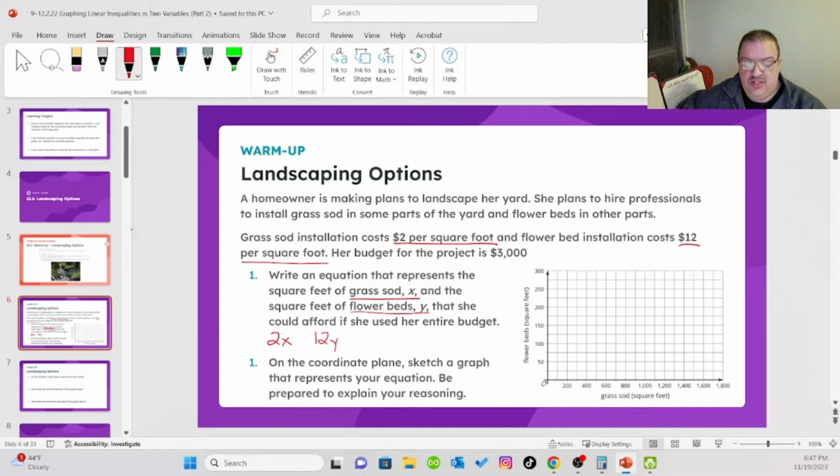That is going to give me the total cost of flower bed installation. So we're going to add the cost of the grass sod to the cost of the flower bed installation, and that needs to be less than or equal to the budget of $3,000. You can spend less than $3,000, or you can spend right at $3,000.